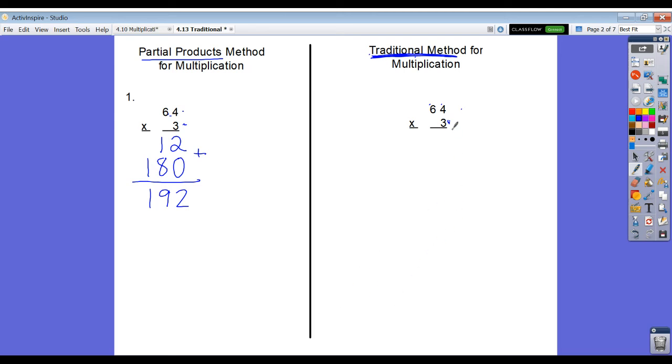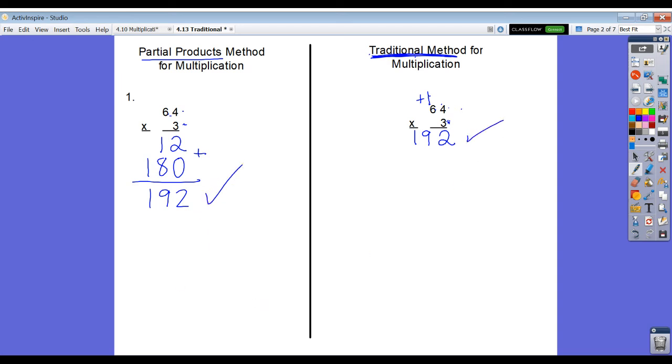So I start 3 times 4 is 12, but this time instead of writing 12 below, I'm going to put down my 2, the ones, and then regroup my tens. And now I can just do 3 times 6 is 18, and I add one more, that 10 I regrouped from before, to get 19 tens, and I record that right next to my 2, and now I have my product, 192.